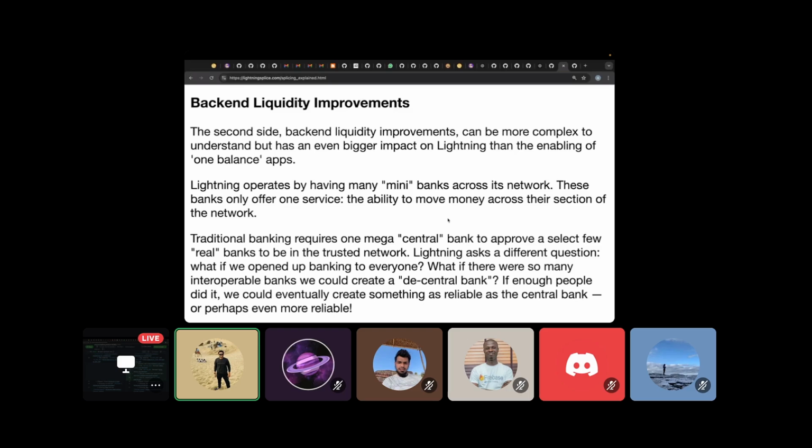Imagine there's a vendor whose service is very popular and is being used by many users across the network. When many transactions occur through your node to that vendor, you would quickly dry up all the liquidity that you have on your side.